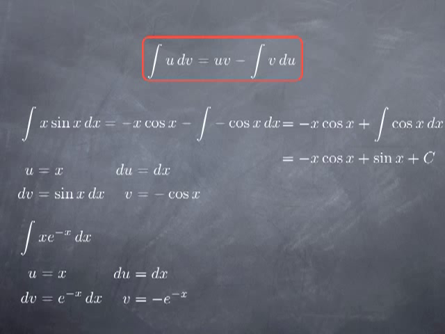Then we apply the formula. uv is a product of x by negative e to the negative x, so I get negative x e to the negative x, and v du is negative e to the negative x dx, so I get minus the integral of negative e to the negative x, in other words, plus the integral of e to the negative x, and the integral of e to the negative x is negative e to the negative x, so I obtain negative x e to the negative x minus e to the negative x, up to a constant.